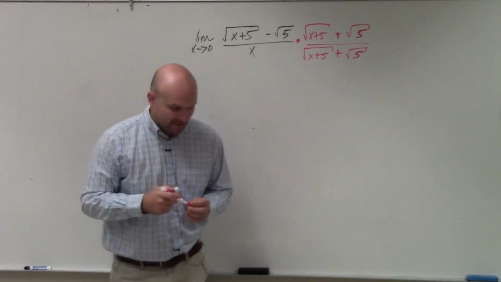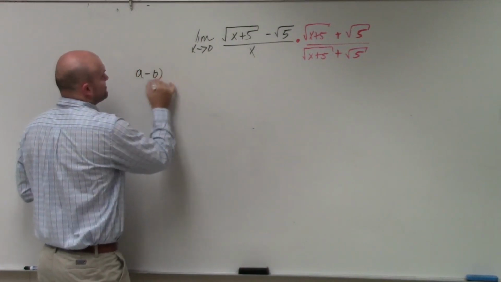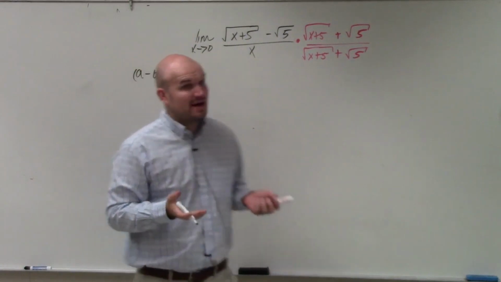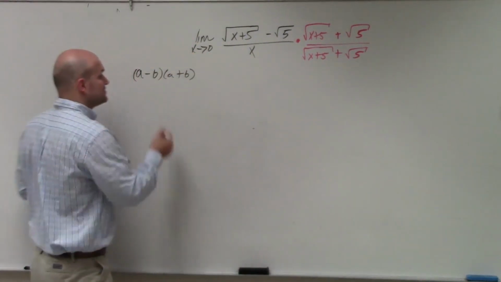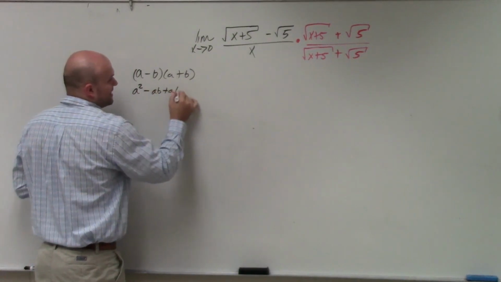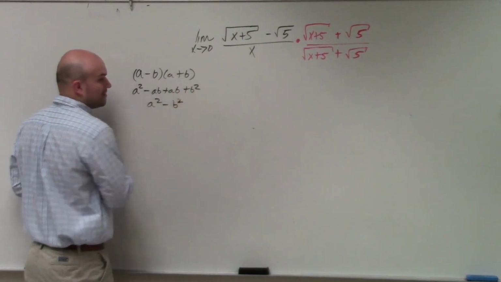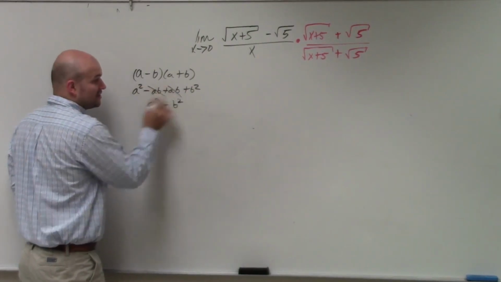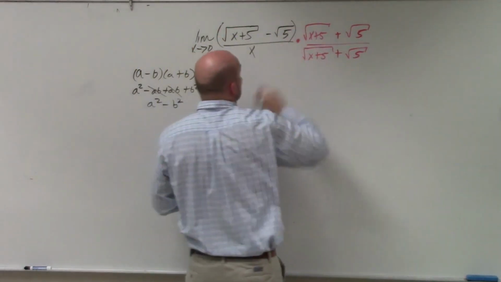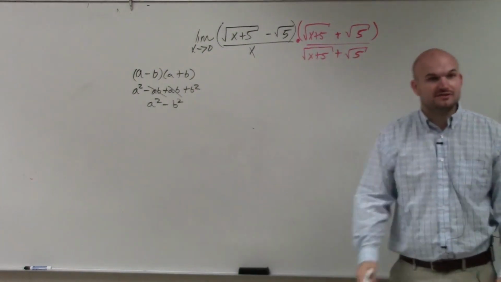Okay. So let me just go back and remind you, ladies and gentlemen, if you have a minus b times a plus b, basically a number times its conjugate, this produces a difference of two squares. Remember, this goes a squared minus ab plus ab minus b squared, so it just gives us a squared minus b squared, correct? The middle terms cancel out. So if you have a binomial times its conjugate, it's the same thing as the difference of two squares.